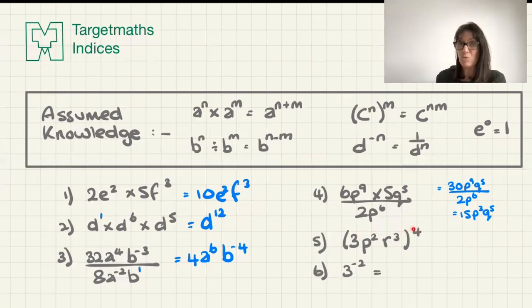So some students won't do anything at all and they'll just keep it as 3. Some students will do 3 times 4 and make it 12. But actually, this is 3 to the power of 4. And 3 to the power of 4 is obviously 3 times 3 times 3 times 3, which is equal to 81.